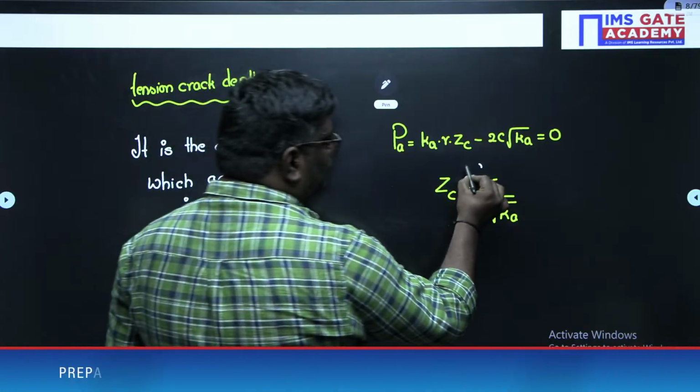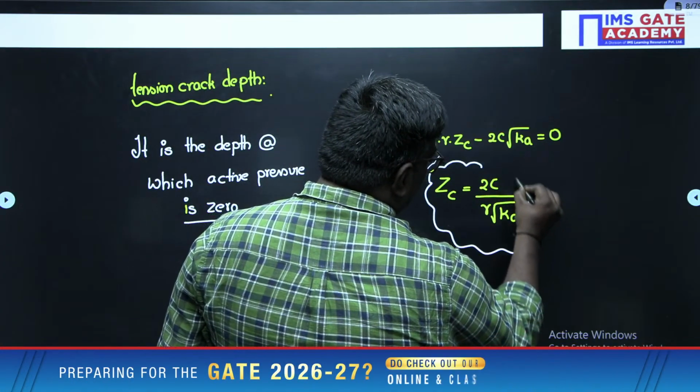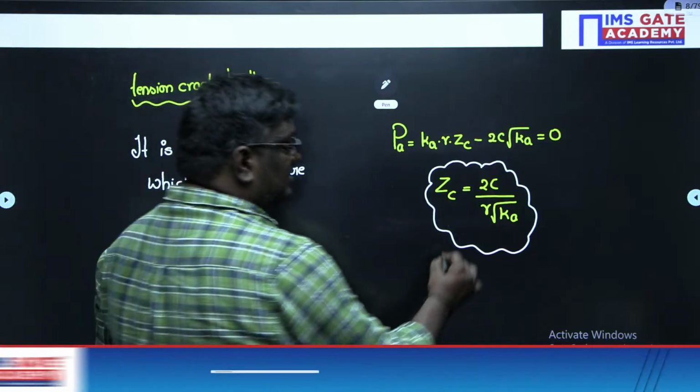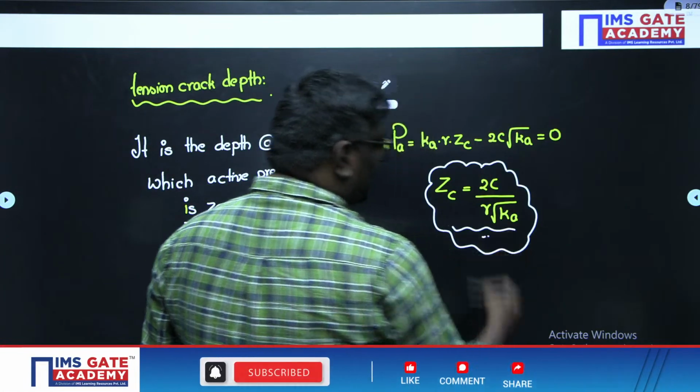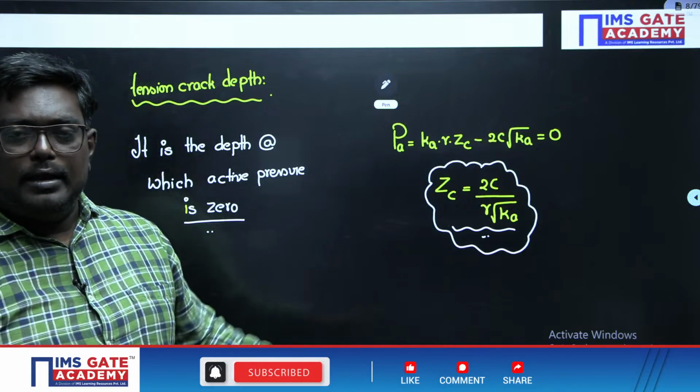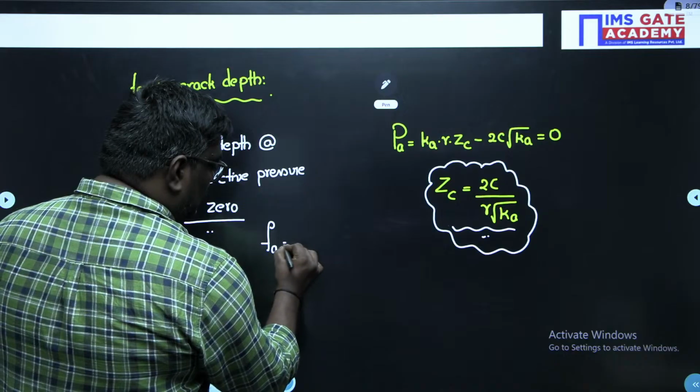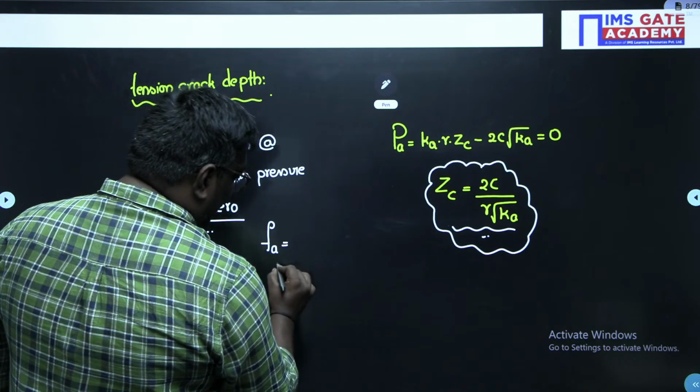This formula is very, very important, my dear students. The depth of the tension crack, if they ask you, is given as Zc is equal to 2c by gamma root Ka.